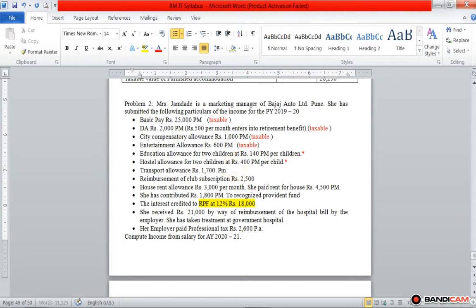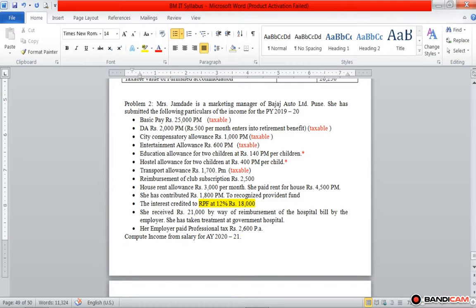Then transport allowance. All transport allowance is taxable.